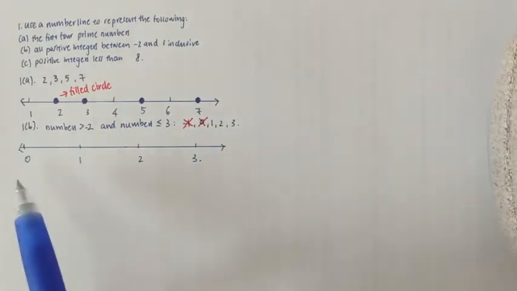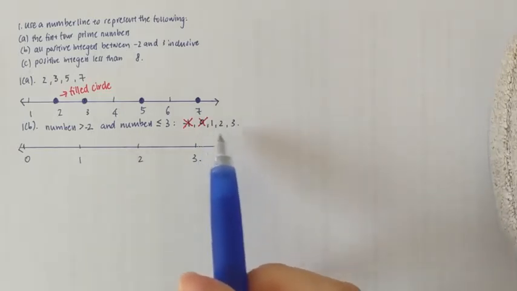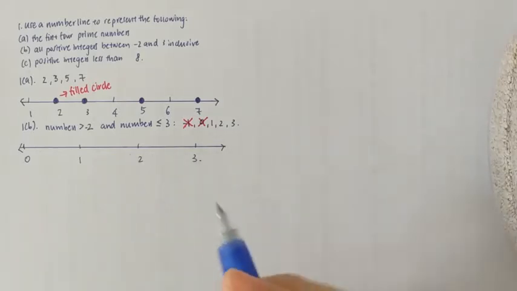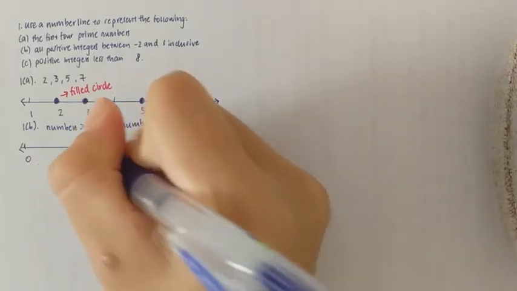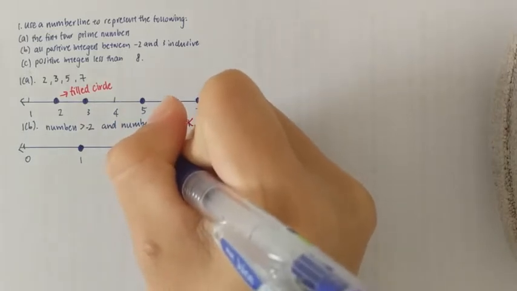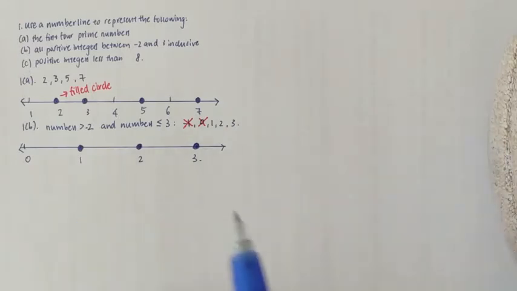If you want, you can put 1, 2, 3 and 4. It doesn't matter as long as you make sure that all your answers are represented. So 1, 2 and 3. So we have 3 filled circles to represent our answers.